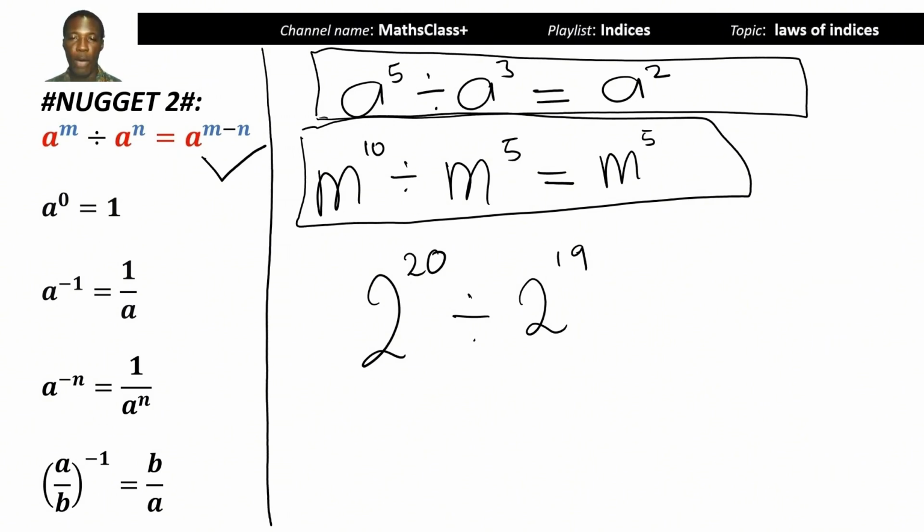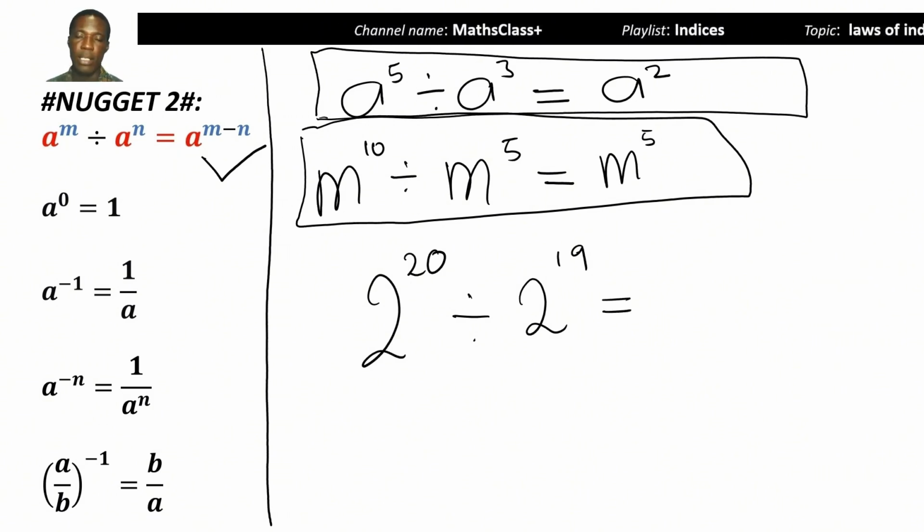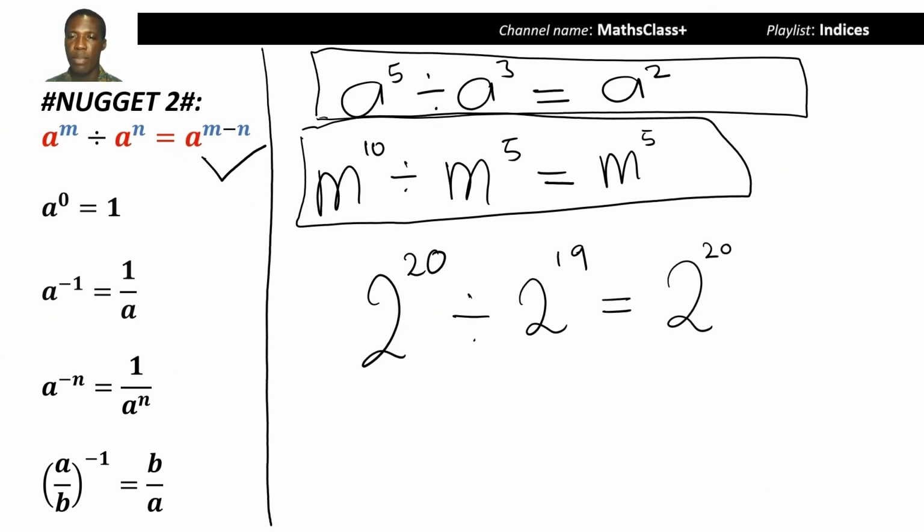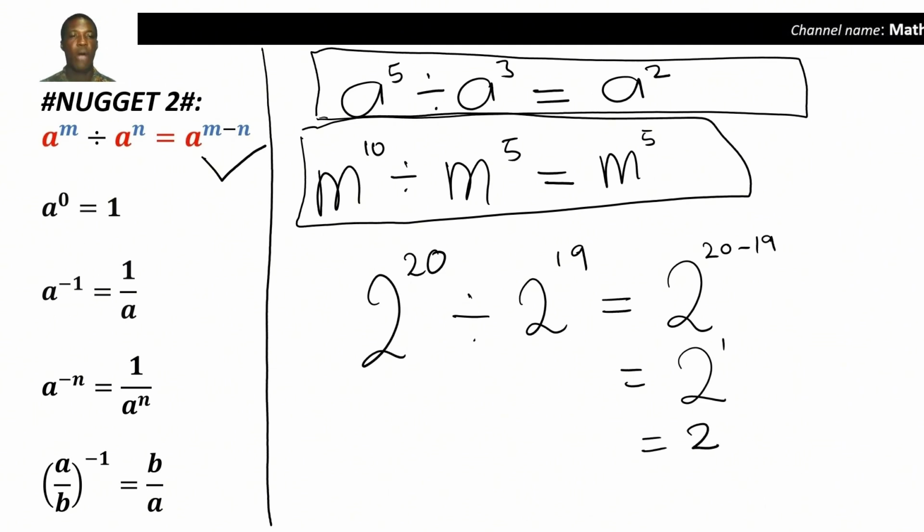No, no, no, that would be too much. By indices, you simply know that we have 2 to the power 20 minus 19. It's as simple as that, and that result is 2. I hope this is understandable.